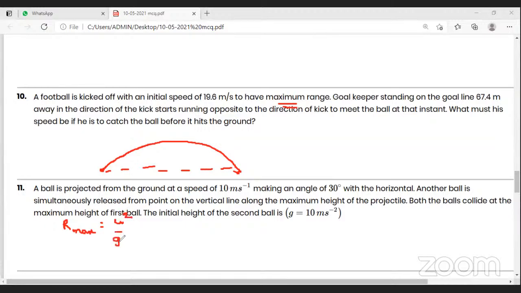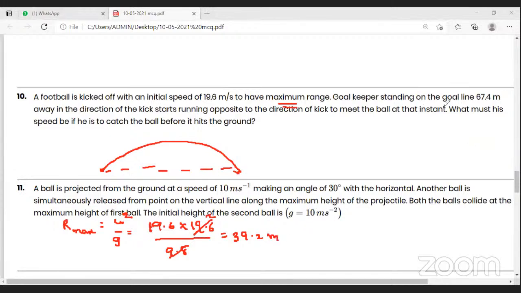Only maximum range we are asking, that means sin 2 theta becomes 1. So then it is u square by g, 19.6 into 19.6 by 9.8. 2 into 19.6, that is 39.2. That is the maximum range.